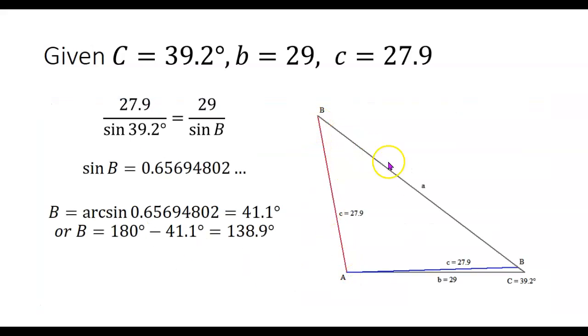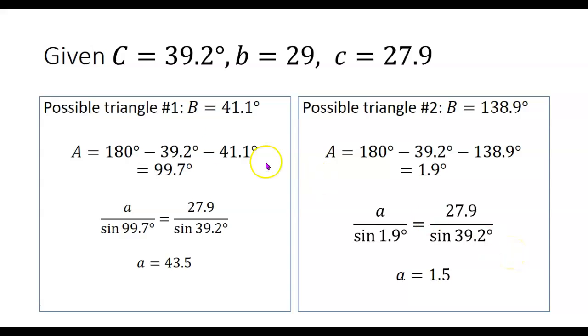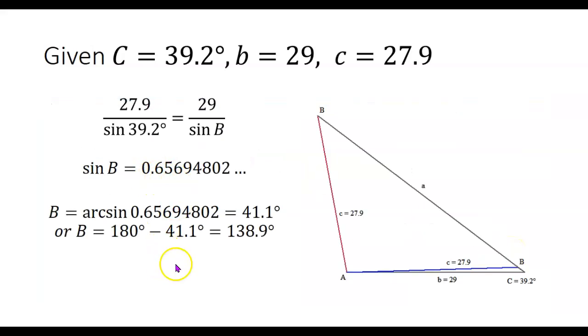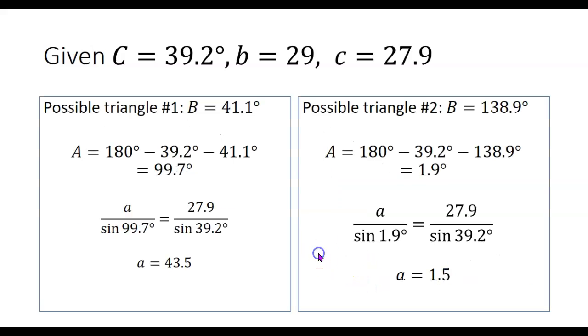So that was the big triangle where side a, all the way from here to here, was 43.5, and angle A was 99.7 degrees. The other possible triangle was the one we get if we take B to be 138.9 degrees.